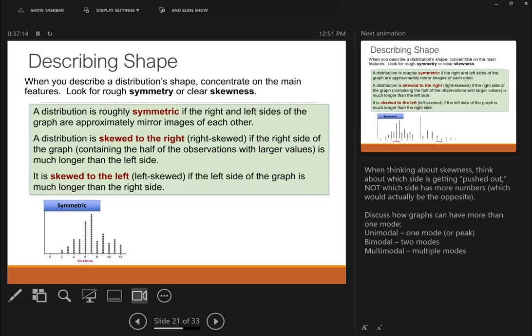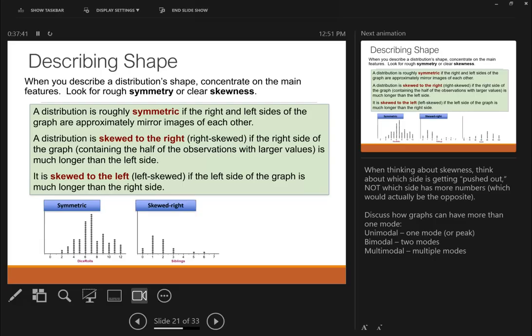For a skew, you're really going to see it. If I look at this one, what do you think this looks like? Looks like skewed right. Notice the center looks like it's around 1 or 2. The right-hand side of that goes way further to the right. Everybody see that?